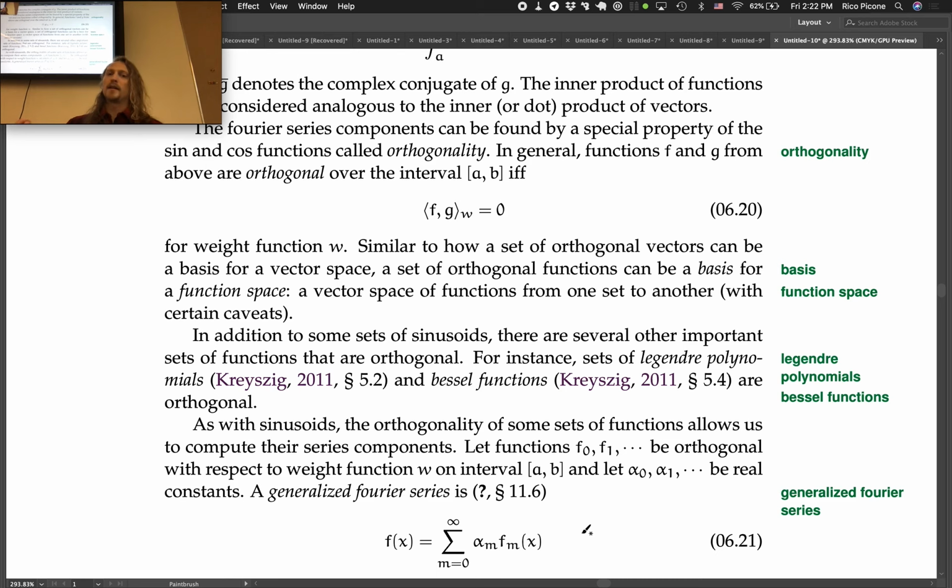So orthogonality is actually really important when we derive how to find those Fourier components when we do Fourier analysis.